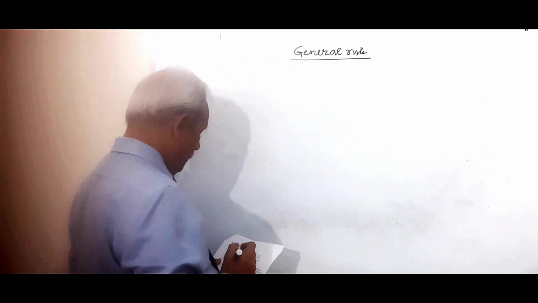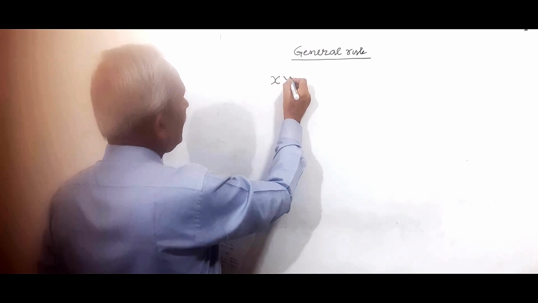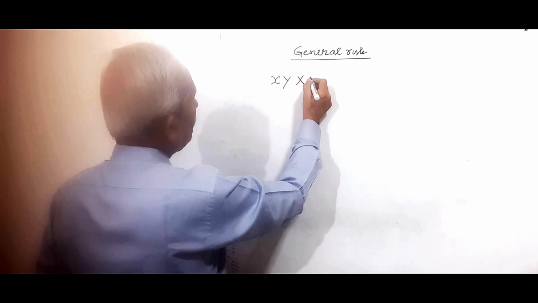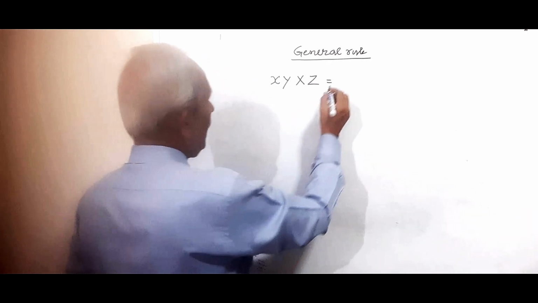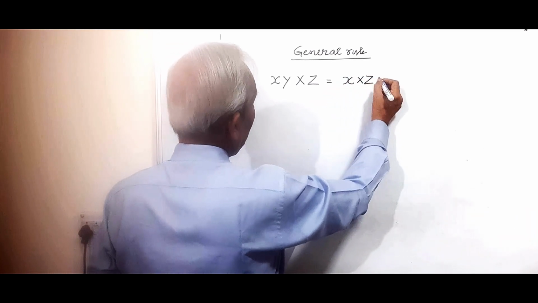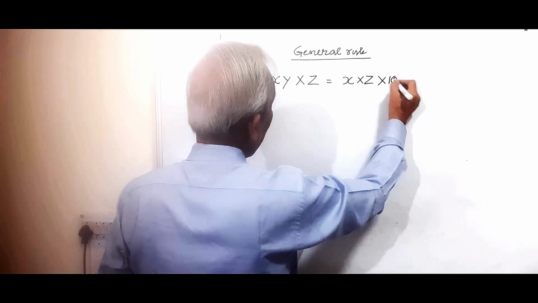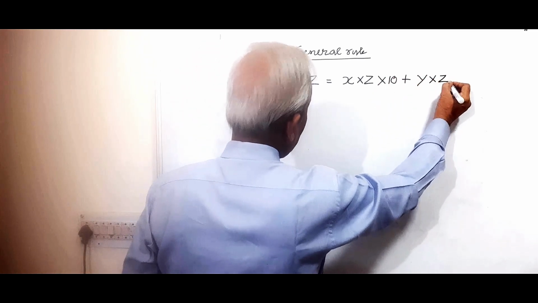The rule is: if there is a number xy into the multiplier z, then this is equal to what? x into z into 10 plus y into z.